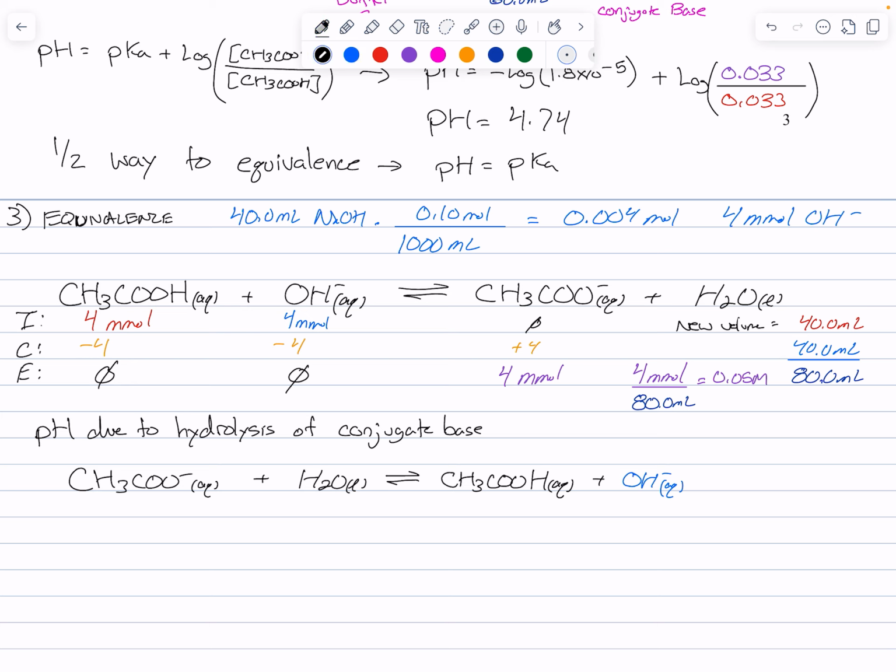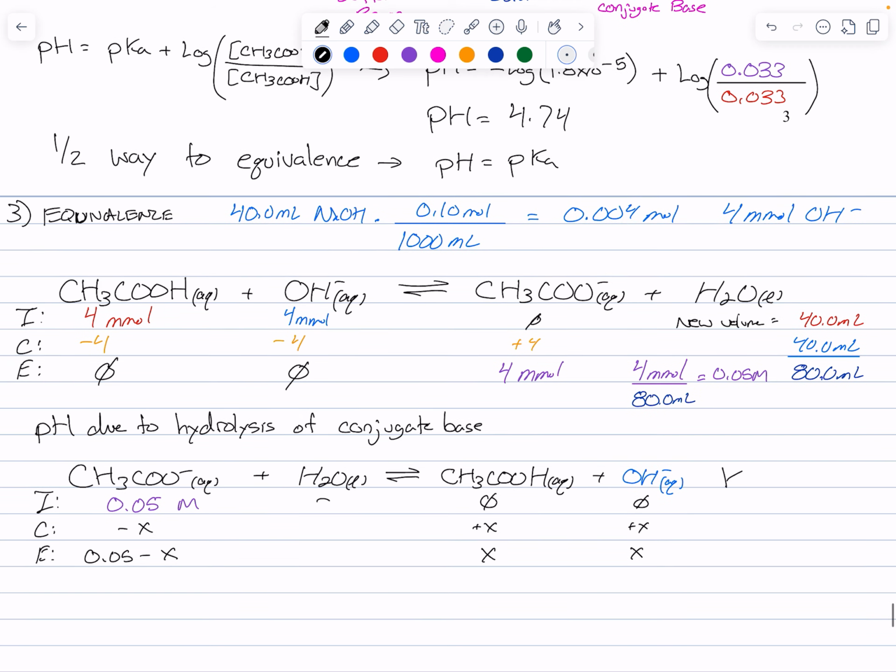In an ice table, we start with 0.05 molar, and 0 and 0, then minus x, plus x, plus x. So we have 0.05 minus x, x, and x. Kb would be CH3COOH times hydroxide all over acetate.